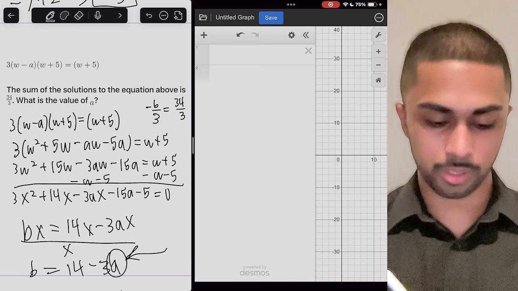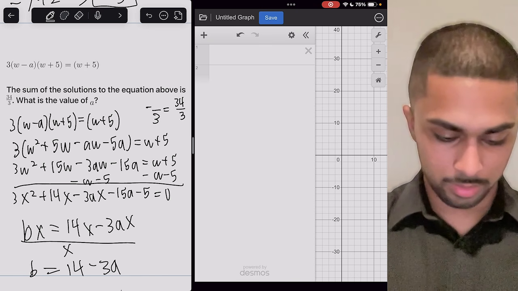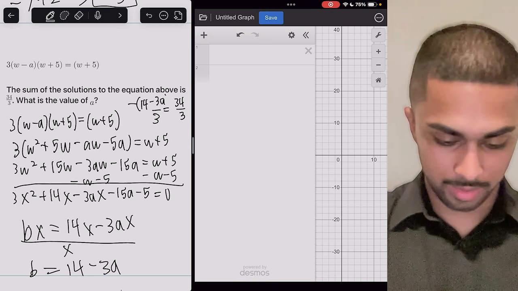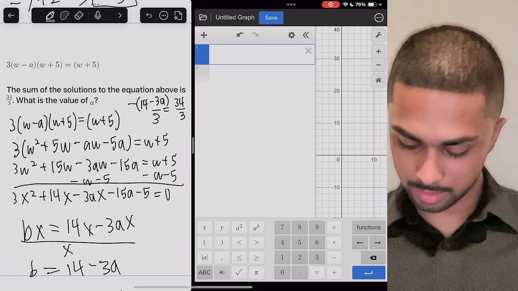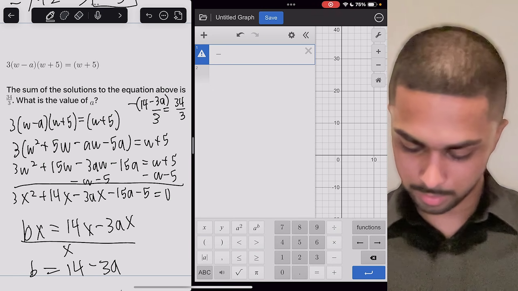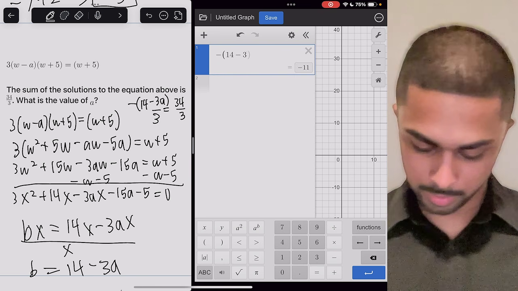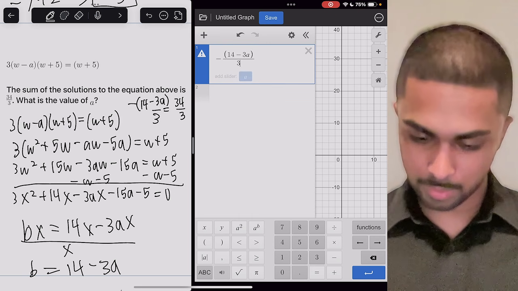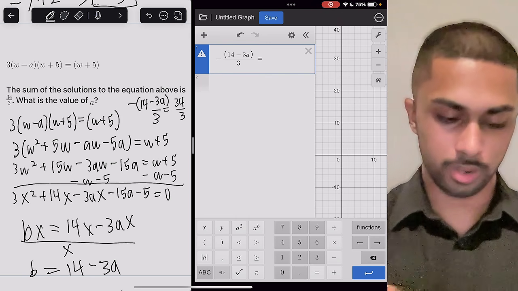This is the a that we want to solve for, right? So if we plug this into here, we get negative, make sure you put the parentheses, 14 minus 3a divided by 3 is equal to this 34 over 3.